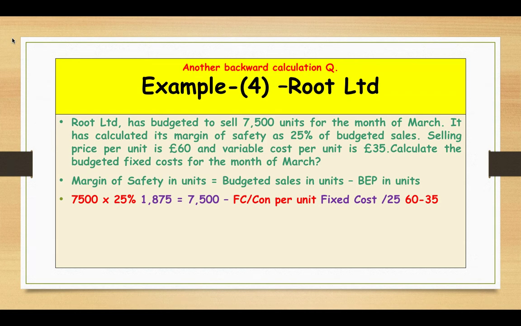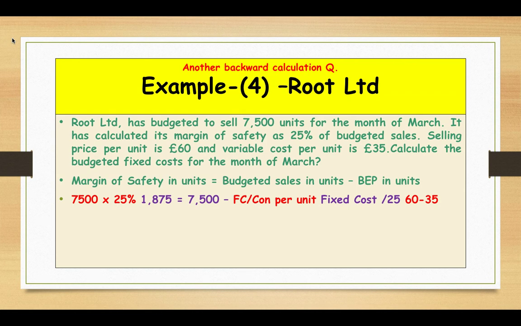So the margin of safety in units is 25% times 7,500. So we will get 1,875 units, which is equal to the budgeted sales in units, which is 7,500, take away the break-even point in units.